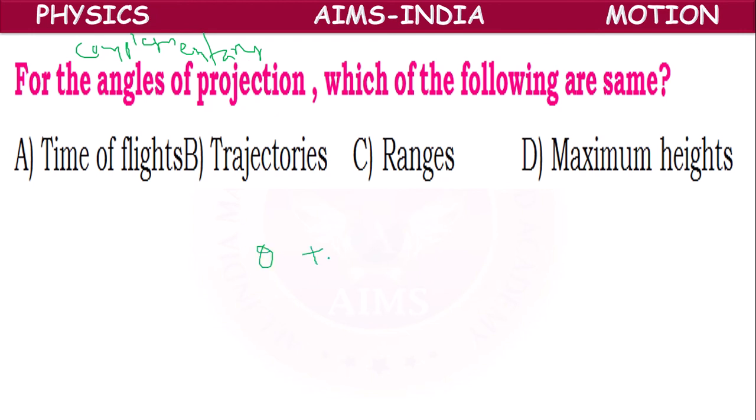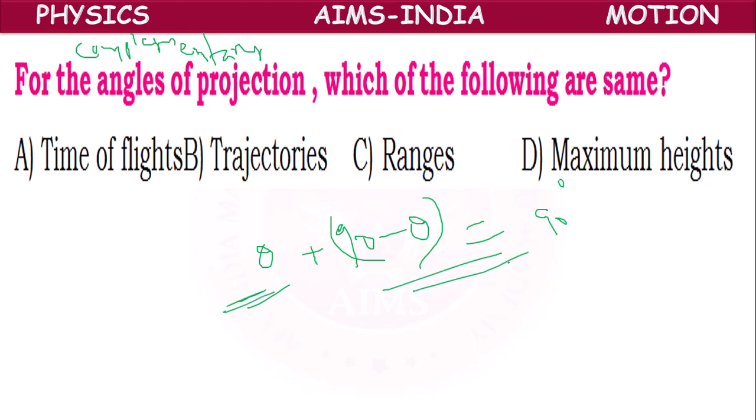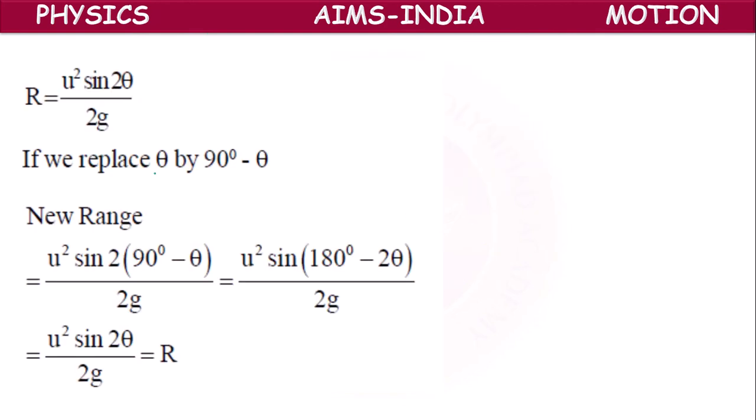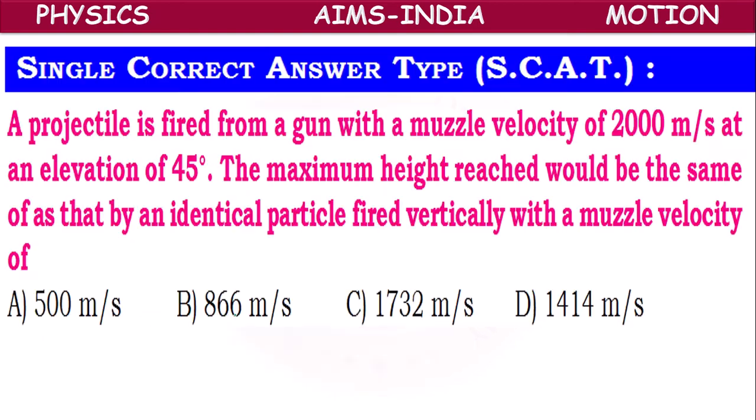Complementary means their sum, one is theta, another one is 90 minus theta, their sum is equal to 90 degrees. So then they are called complementary. For theta angle of projection and 90 minus theta angle of projection, ranges will be same. So already we have derived it, children, while learning concepts. If we replace theta by 90 degrees minus theta, then also it will be same.